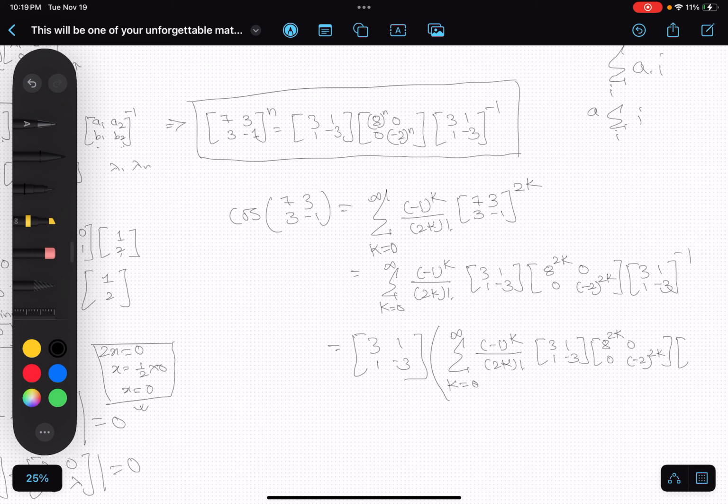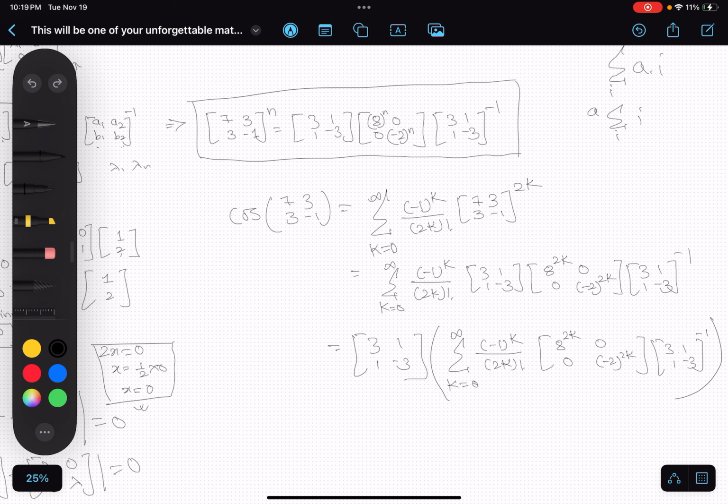Oh wait, I'm sorry, I have already taken this out. Sometimes the lagging occurs. So 8^(2k), 0, 0, (−2)^(2k), and this is just [3 1 1 −3] inverse.